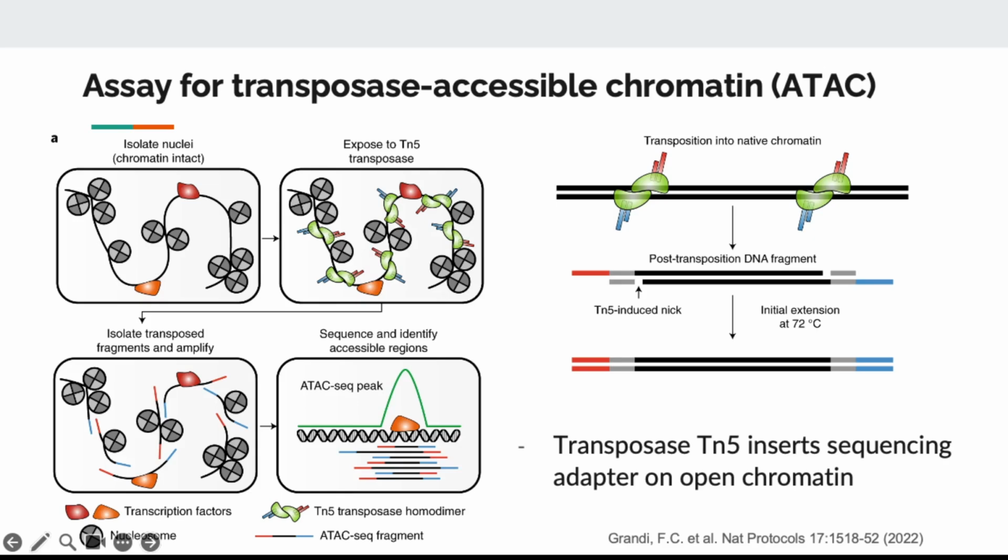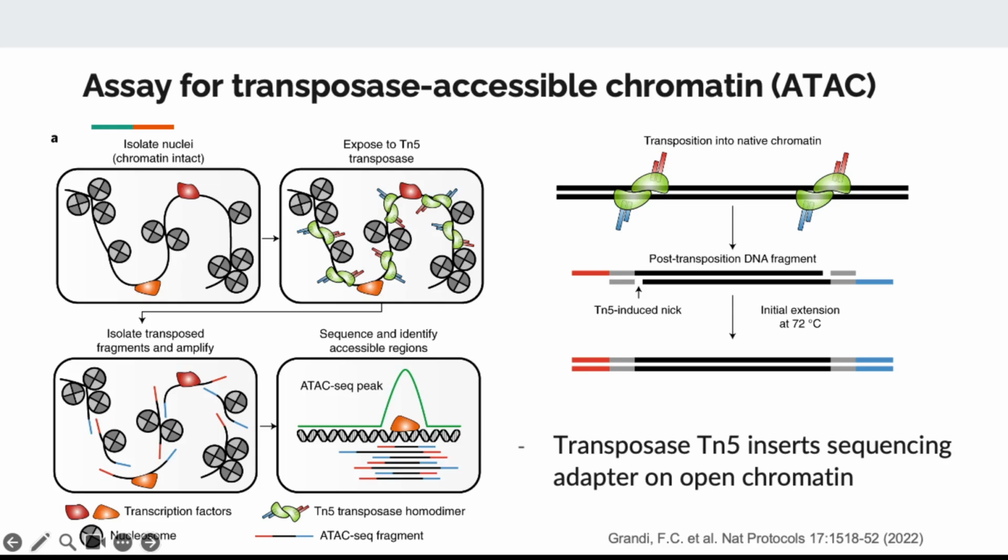So imagine that if you extract the DNA and put it through a sequencing machine, it will only sequence where the transposase can reach, because the other locations will not have the sequencing adapter. So no sequencing will happen, except where the transposase can integrate.